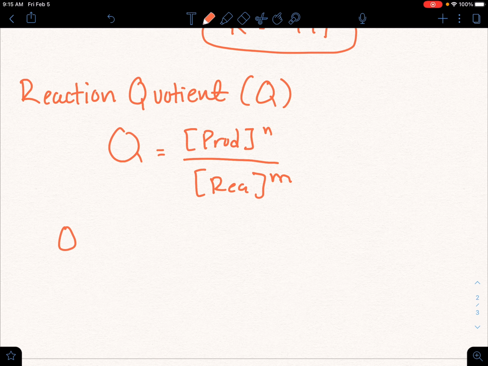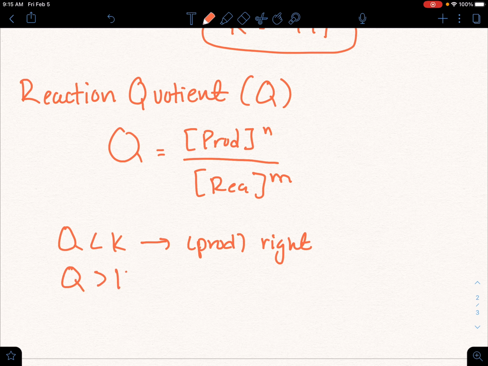So if Q is less than your K, that means we have to go to the right, towards the products. If Q is way bigger than K, that means we have to go back to the reactants, to the left, because we made too much product.